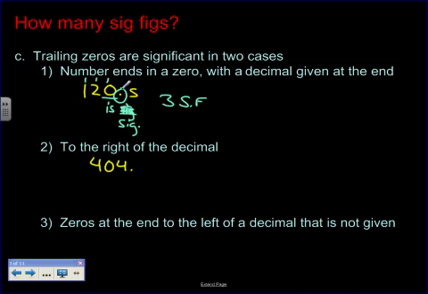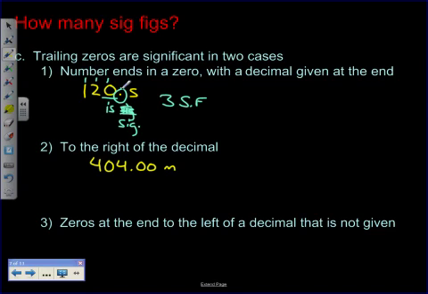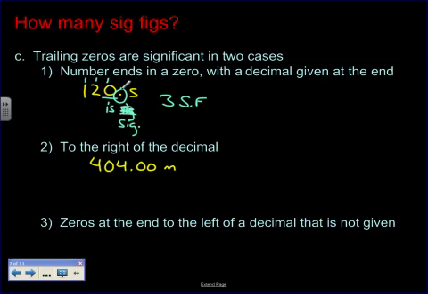If we're talking about zeros to the right of a decimal, in this case, we got 404.00. If they're to the right of the decimal, they're there to show the precision of the measurement, and that means they are significant. We know that the zero in between the fours is significant. It's captive.